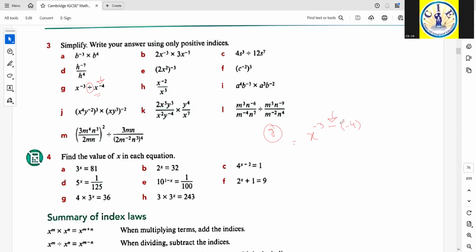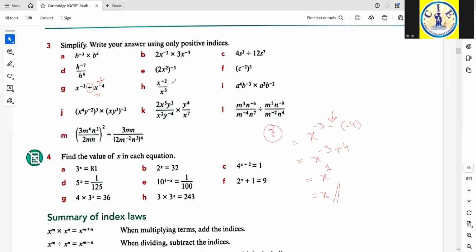So minus times negative 4, that will give me positive 4. So the value in the answer is x raised to the power positive 1 or x only. So that is its answer.